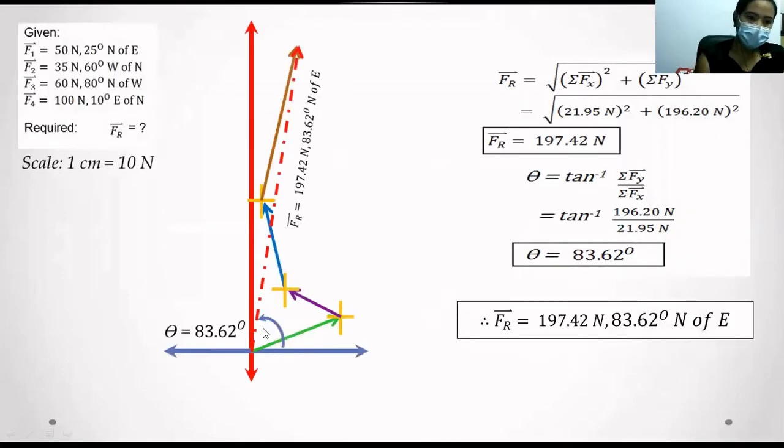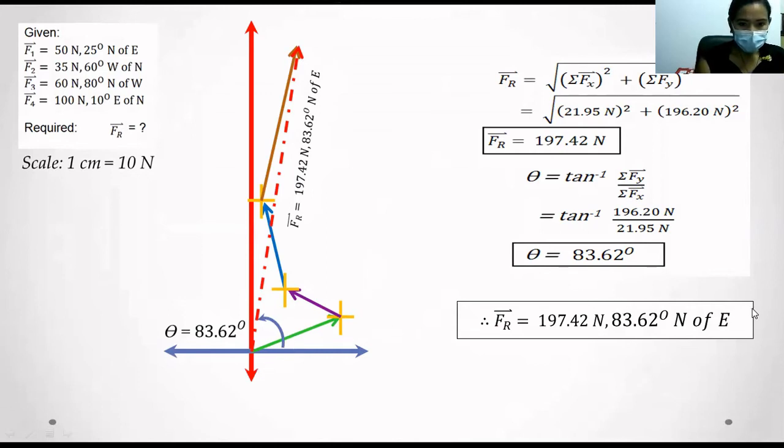Therefore, this angle is 83.62 degrees, and the length of this arrow denotes 197.42 newtons, 83.62 degrees north of east.